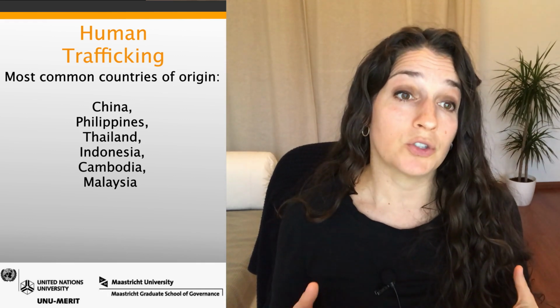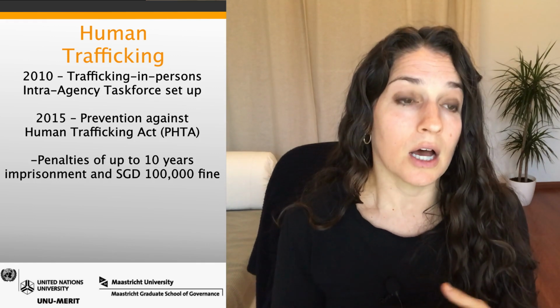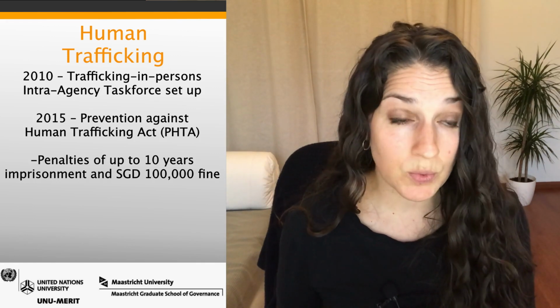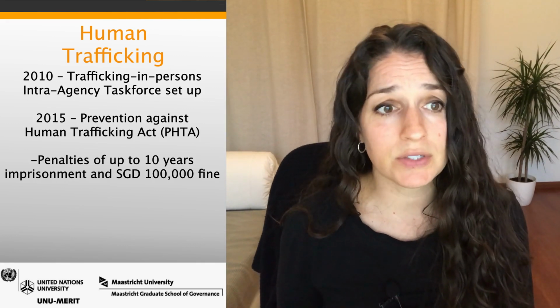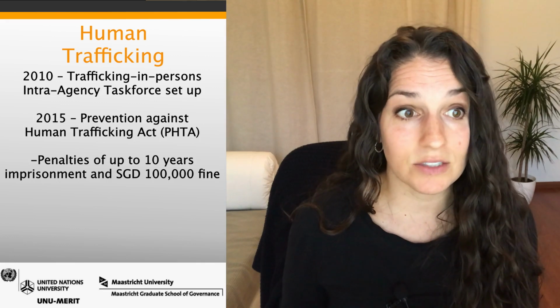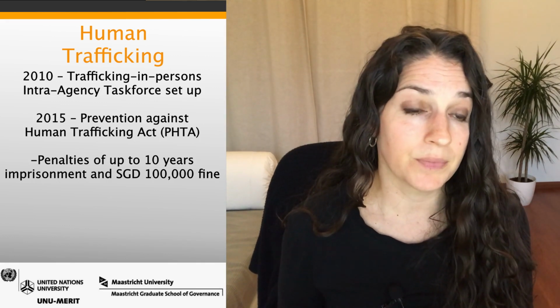As far as anti-human trafficking actions are concerned, in 2010, the Trafficking in Persons Intra-Agency Task Force was set up. And in 2015, there was the Prevention Against Human Trafficking Act, with penalties up to 10 years of imprisonment and a large fine.